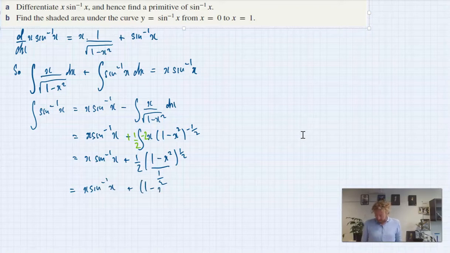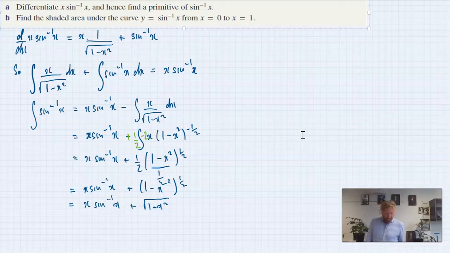And that is going to be my answer. Equals x sine inverse x plus the square root of 1 minus x squared, if you would prefer it like that. Here obviously I've got a plus c. But that's going to lead me on to b.